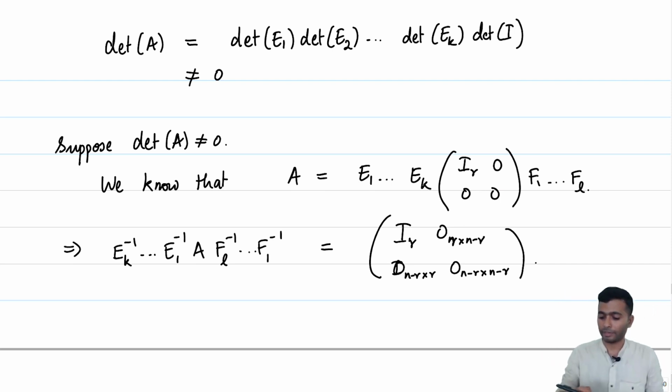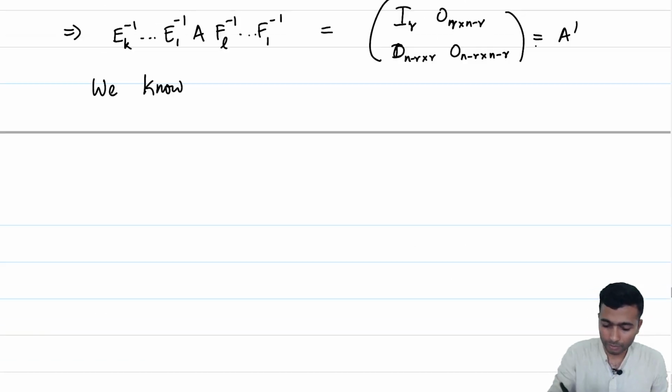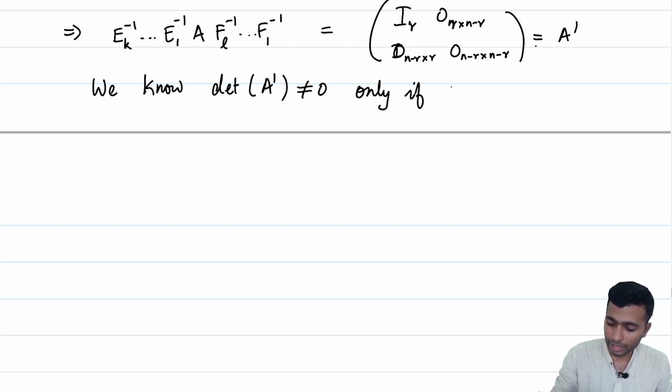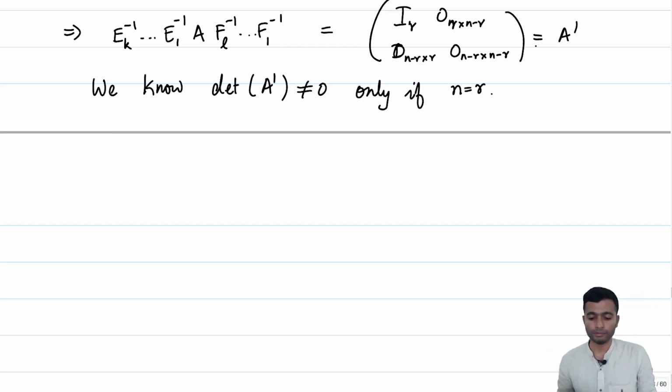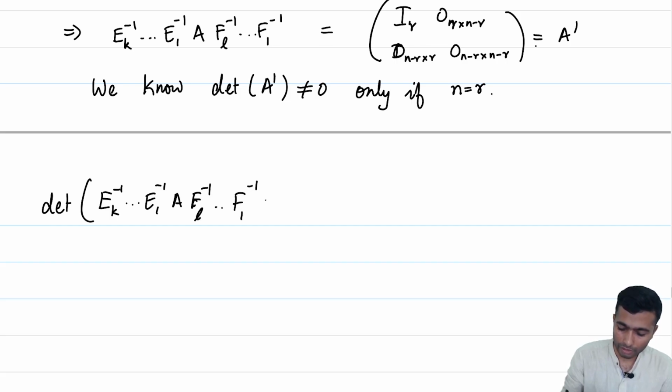And we know exactly what the determinant of the matrix on the right hand side is. So let us call this matrix A prime. So we know that determinant of A prime is not equal to 0 only if n is equal to r. And what about determinant of the LHS, Ek inverse dot dot dot E1 inverse A FL inverse up to F1 inverse?